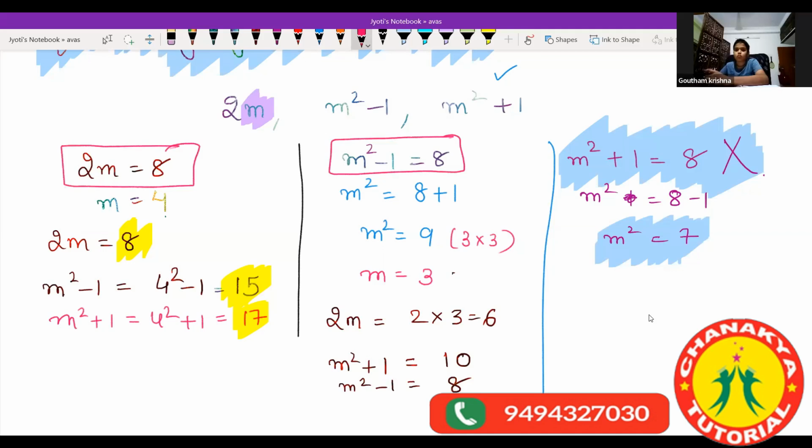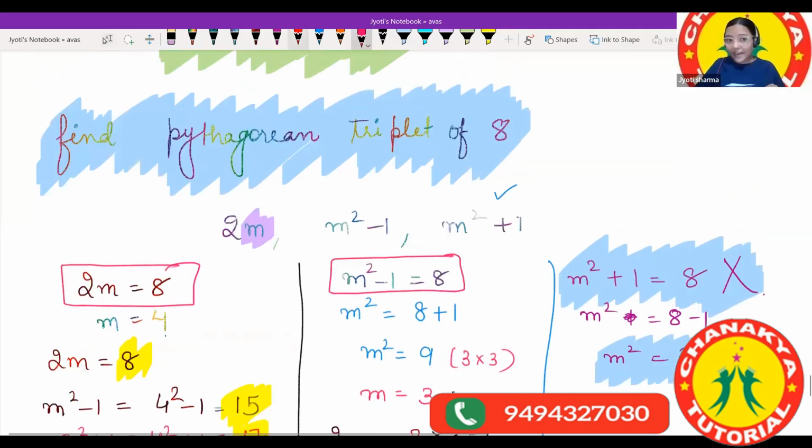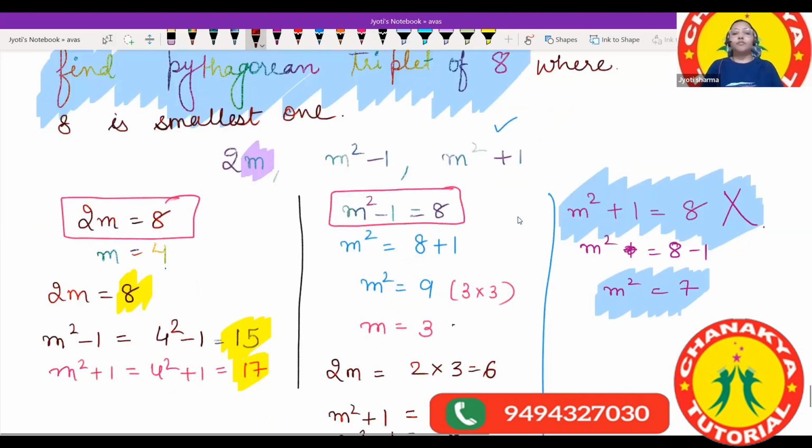Now, as I was asking you, if I say find the Pythagorean triplet of 8, where 8 is the smallest one, which answer is correct? First part or second part?